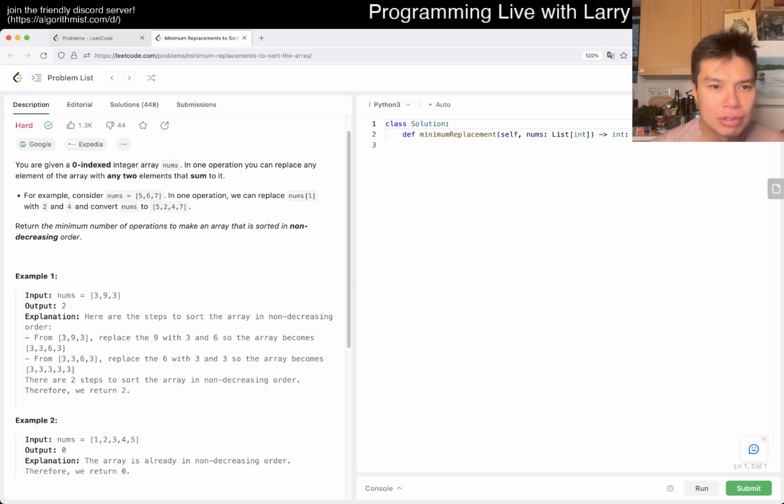Can you do greedy? Can you do binary search on the solution? That could be another thing that we think about. What would binary search on the solution look like?